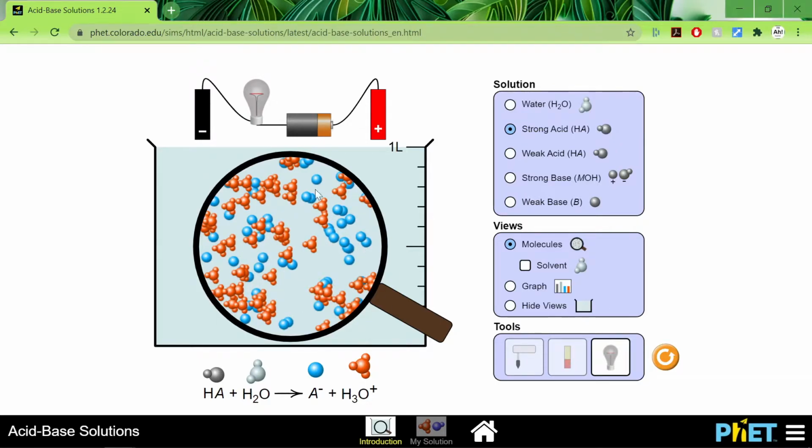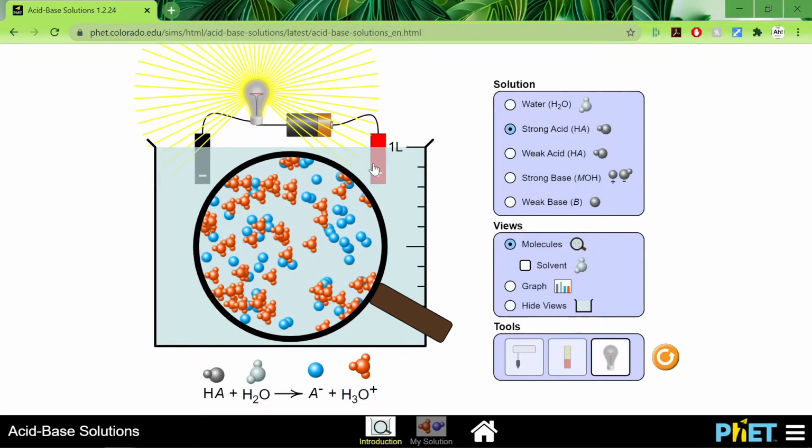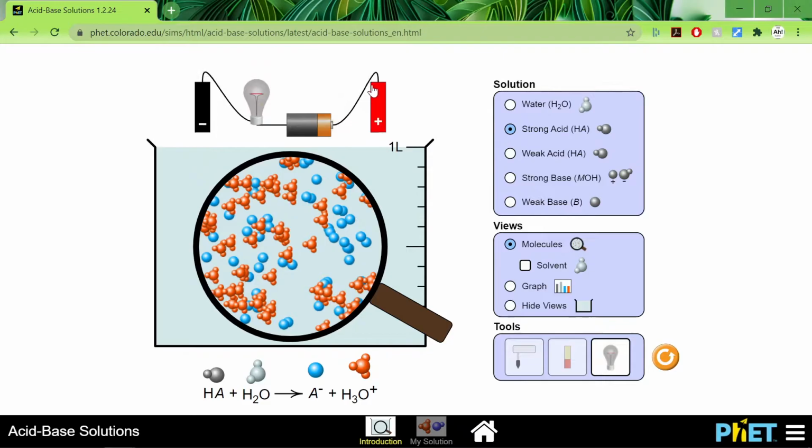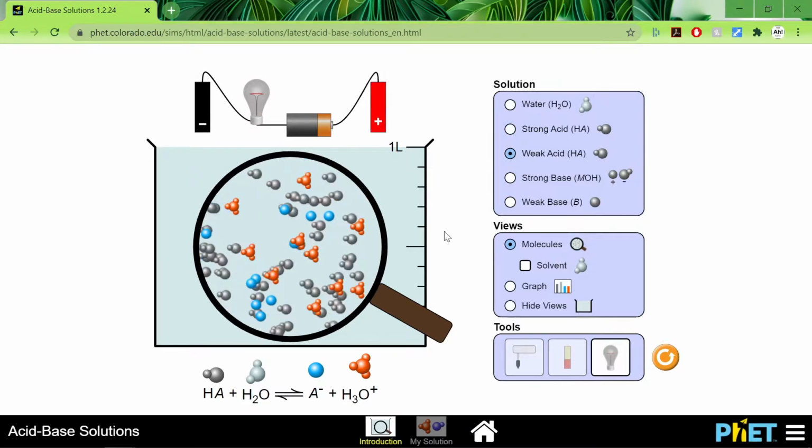We can see this is a strong electrolyte by using a conductivity meter. When lowered into the solution, electrical current is carried by the charged ions and the light bulb glows brightly. We can contrast this with a weak acid. When our generic weak acid, HA, is added to water, most of it remains as HA molecules.